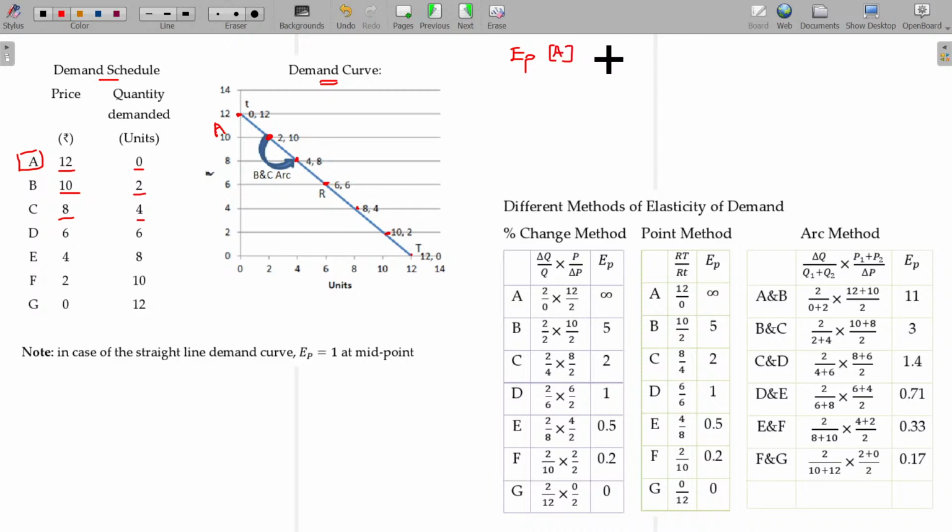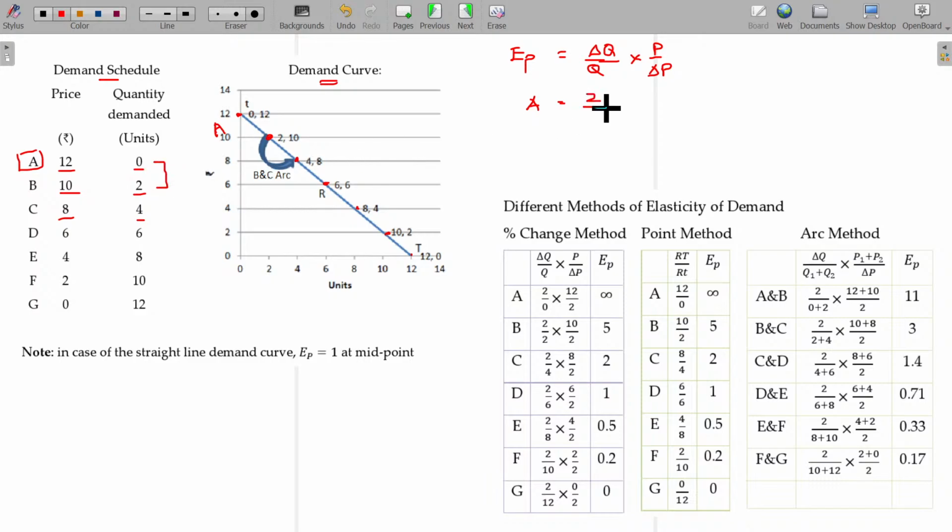Okay. Beforehand, we are aware of the formula for elasticity of demand with respect to the price: change in quantity divided by quantity, multiplied by price divided by change in price. At point A, change in quantity is 0 to 2, right?